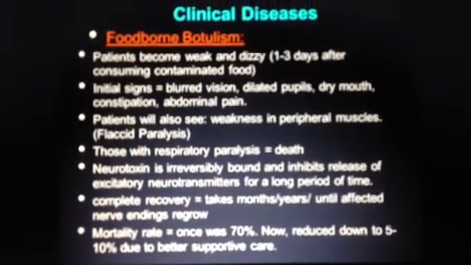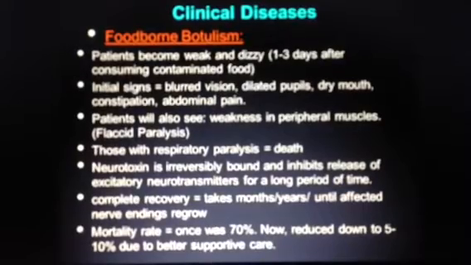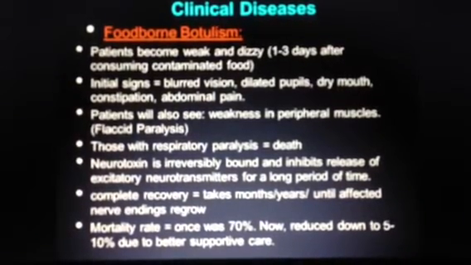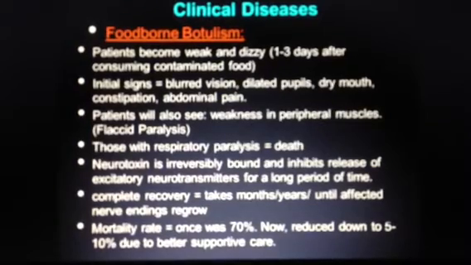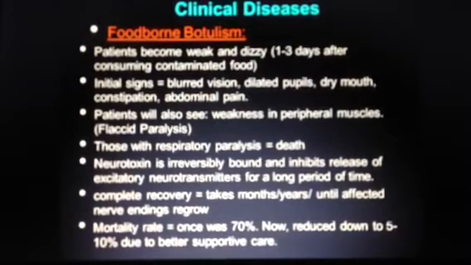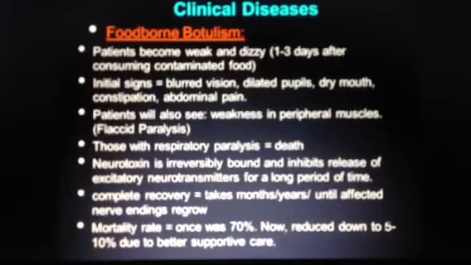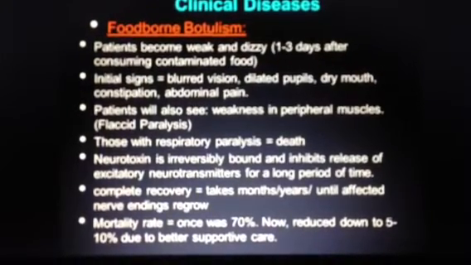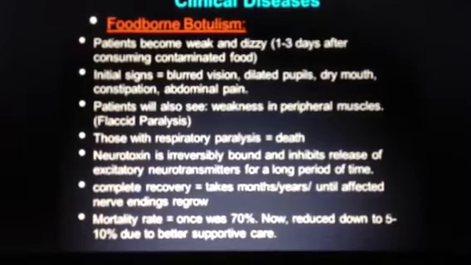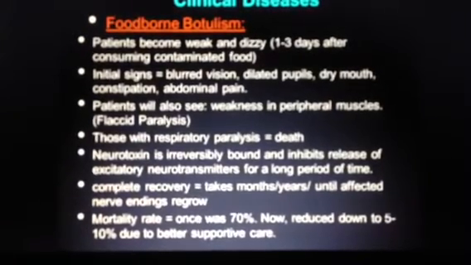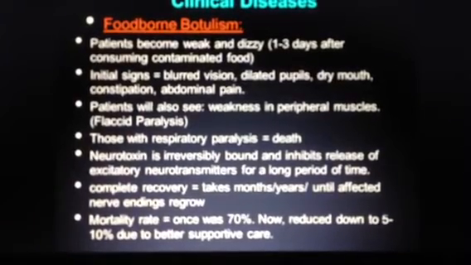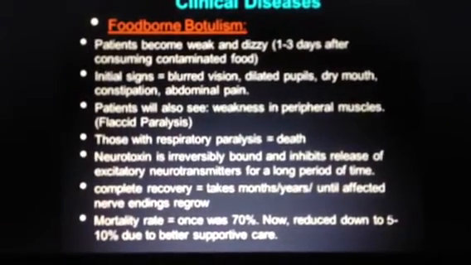Hence, complete recovery takes months or even years, or until affected nerve endings regrow. The mortality rate was once 70%, interestingly. Now it has been reduced down to 5 to 10% due to better supportive care.